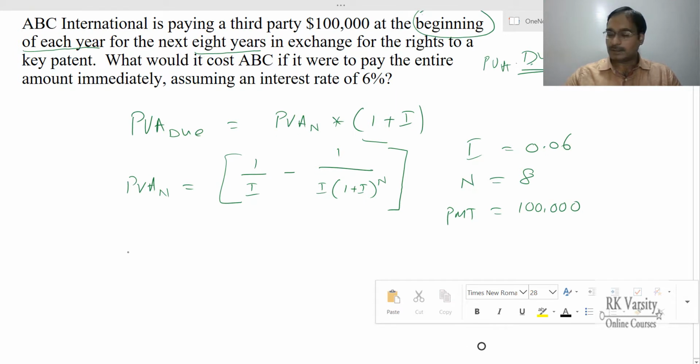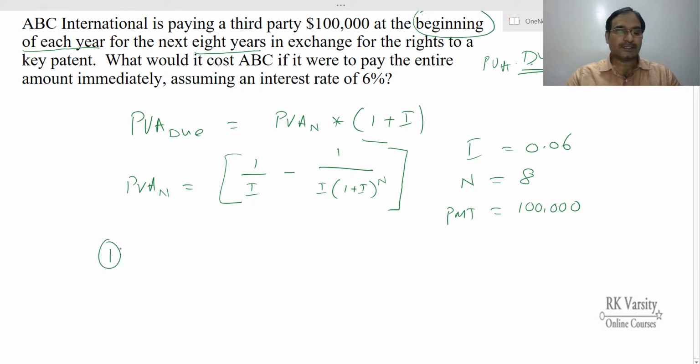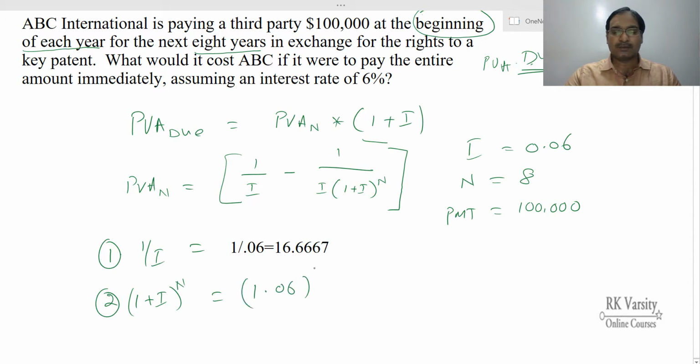Now in step 1, first we calculate 1 upon i, so this equals 1 upon 0.06. Next we calculate (1 plus i) to the power of n, so this equals 1.06 to the power of 8, which comes to 1.5938.